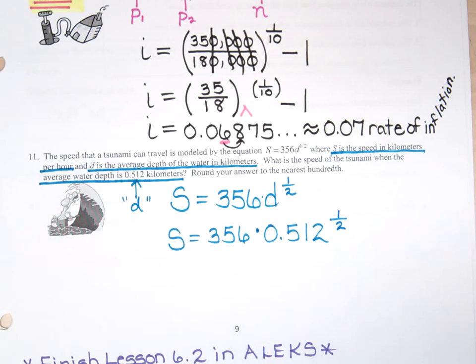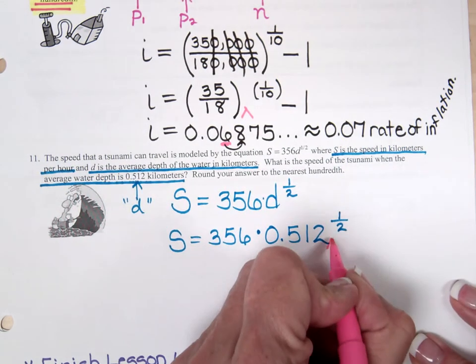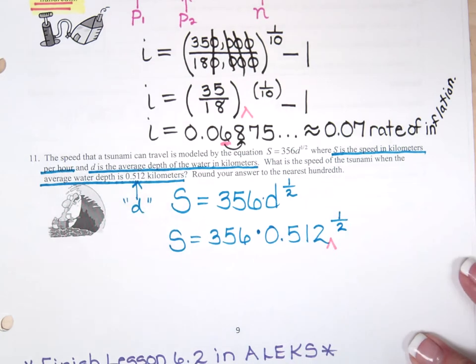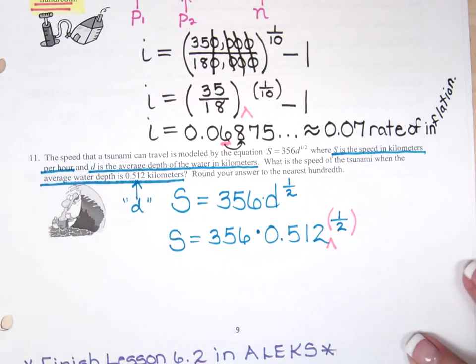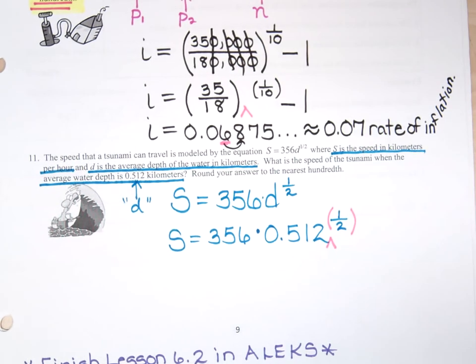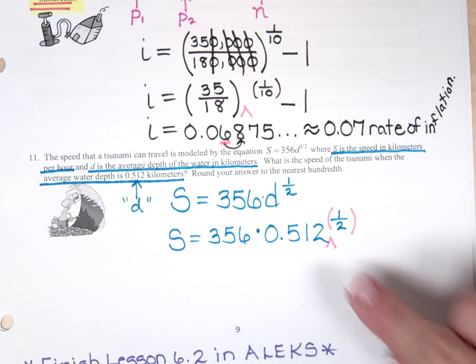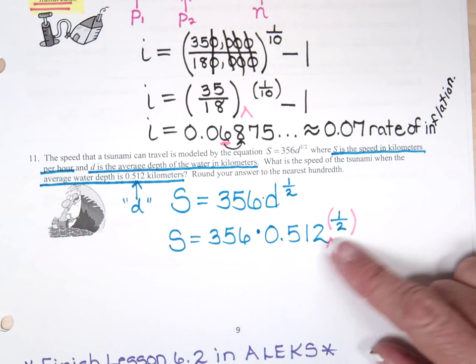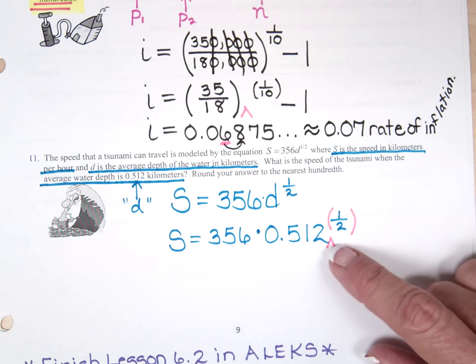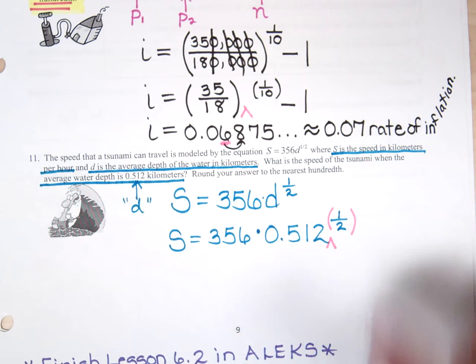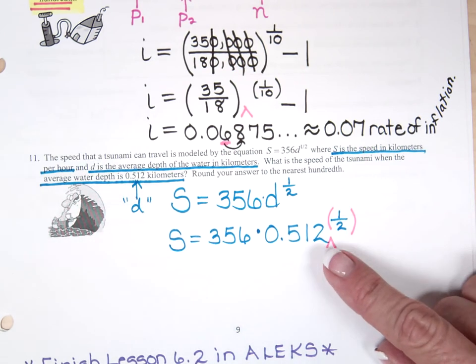This is an exponent, so put that caret there to remind you to use the caret symbol. And then because this is a fraction, it should be in parentheses. The reason I have students do that is lots of times I'll look on students' calculators and they'll do 0.512 times 1/2 instead of to the 1/2. So that's why I always write it in, then you don't forget it when you're typing it.